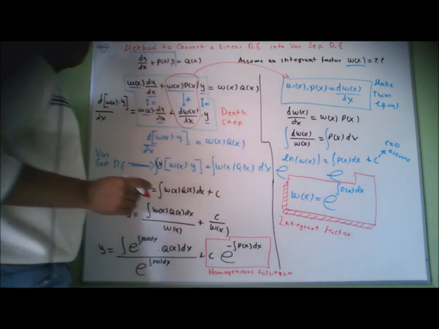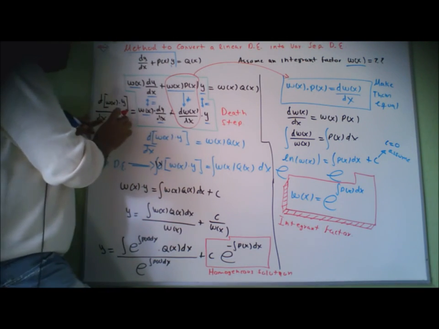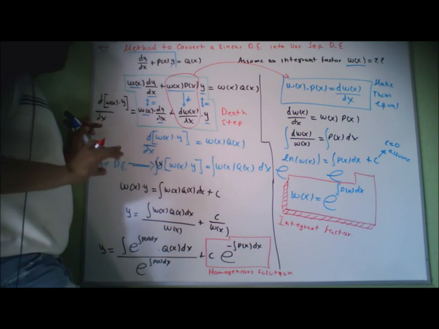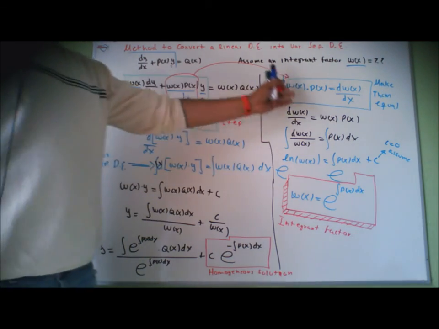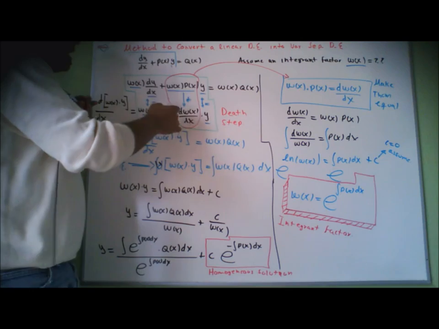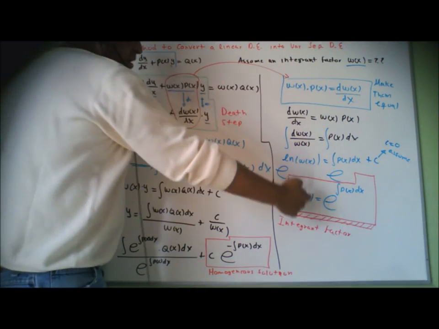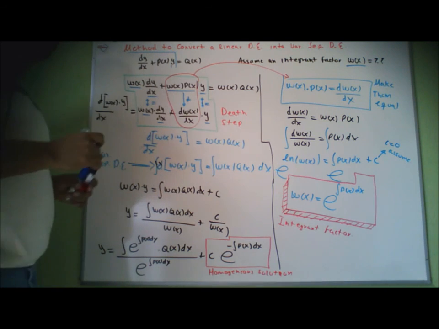El paso de la muerte. Because you jump from here to here. And many students don't understand why, how can you do that? Is it black magic? No, it's not black magic. Here's the demonstration that this is equal to this as long as w of x is equal to this, which is the only thing that was left not equal.